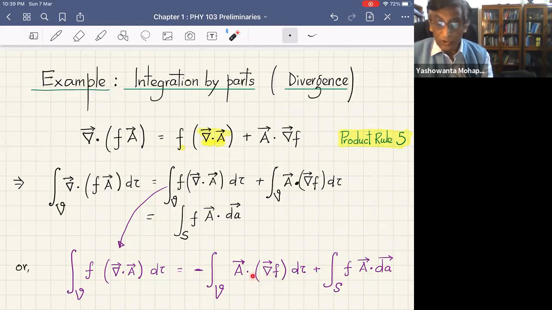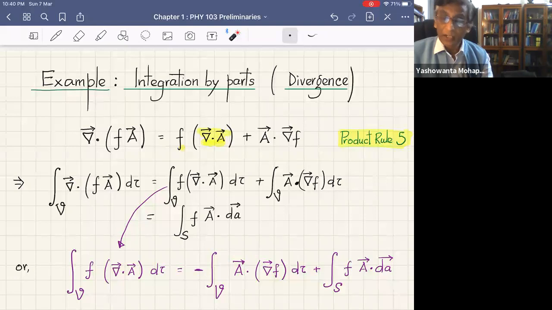So a dot grad of f, you pick up a minus sign, integrated over the volume, and you have to pay by calculating the functions f and a over the boundary, in this case the surface. This can be proved easily. You can think of this as a proof, but there can be many variations of this.